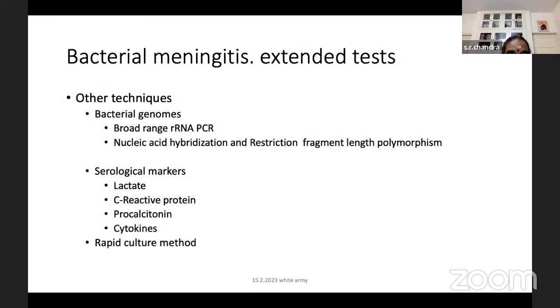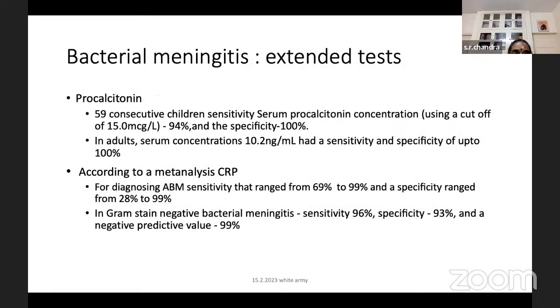The other extended tests are looking for bacterial genomes using broad range rRNA PCR, nucleic acid hybridization and restriction fragment length polymorphism, and serological markers like lactate, CRP, procalcitonin, cytokines, and rapid culture methods.